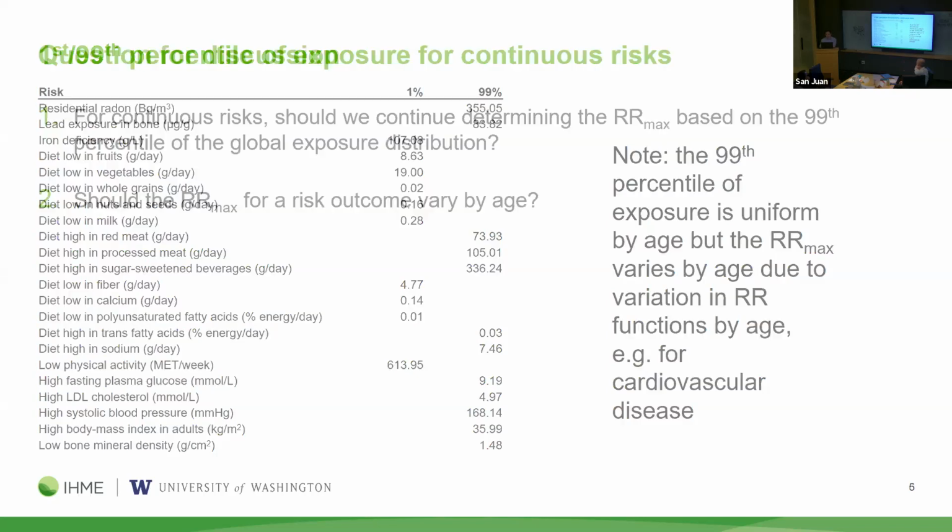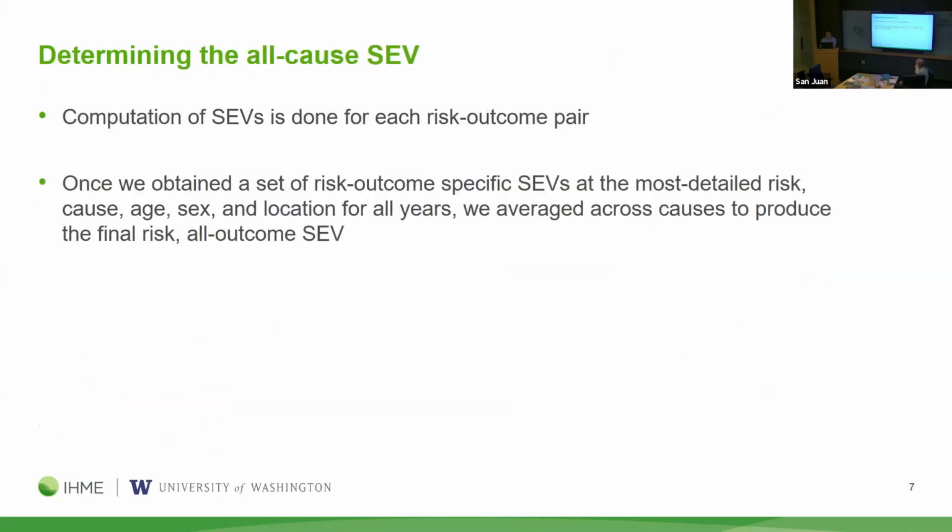Okay, so let me move on to how we determine the SEVs for all outcomes for a given risk, in other words, the overall risk SEV. We have the risk-outcome specific SEVs at the most detailed risk, cause, age, sex, and location level. Then to get the SEV across the outcomes, we do a simple average of those SEVs to produce the final risk all-outcome SEV.